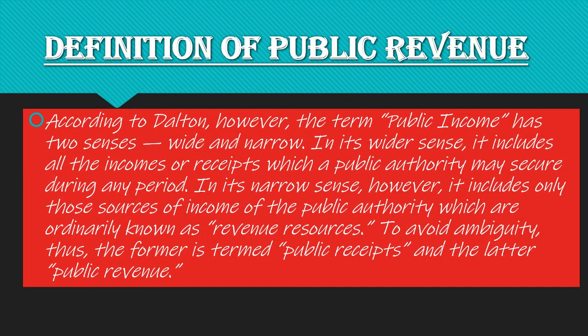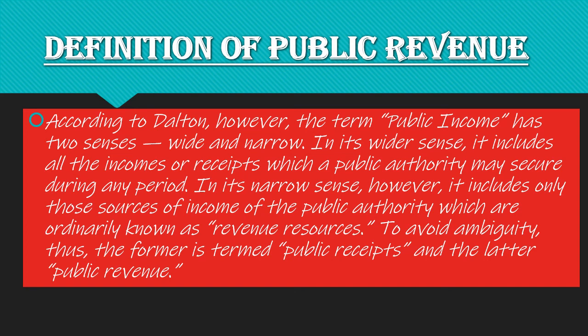Now have a look at the definition of public revenue by Dalton. However, the term public income has two senses, wide and narrow. In its wider sense, it includes all the income or receipts which a public authority may secure during any period.